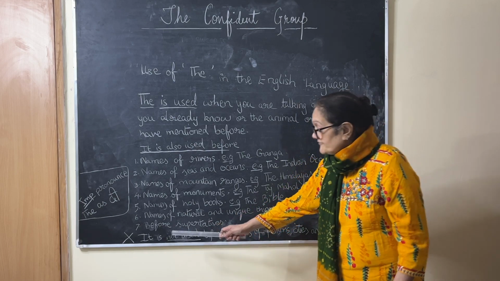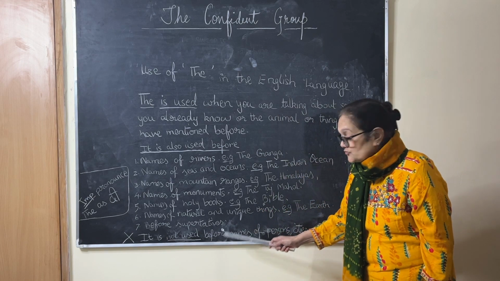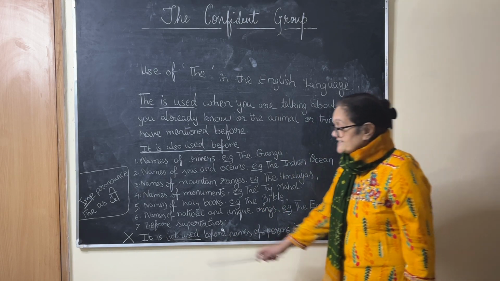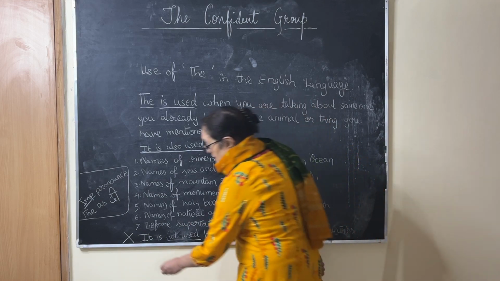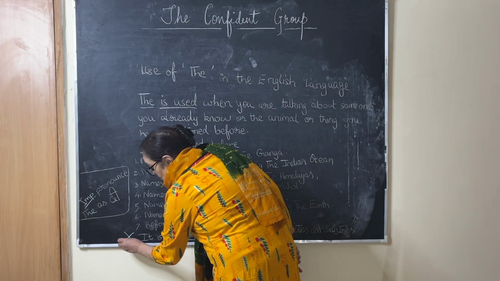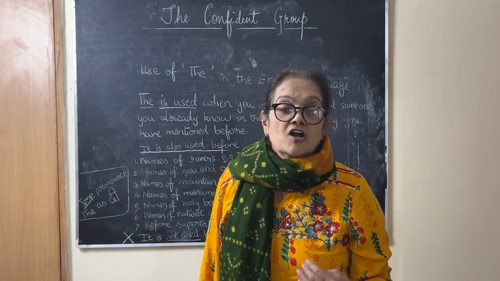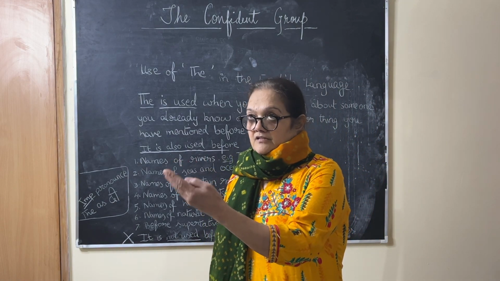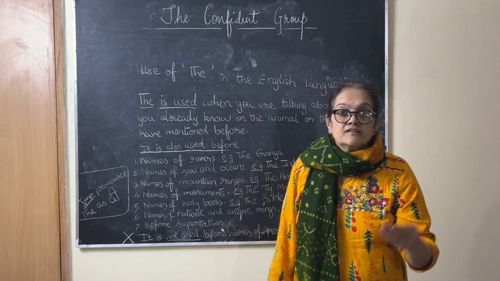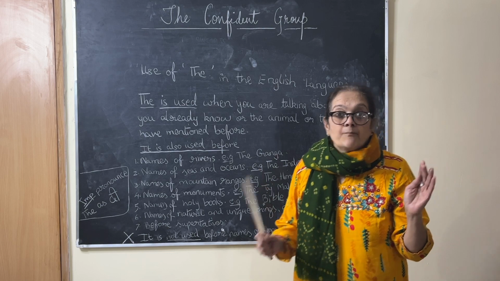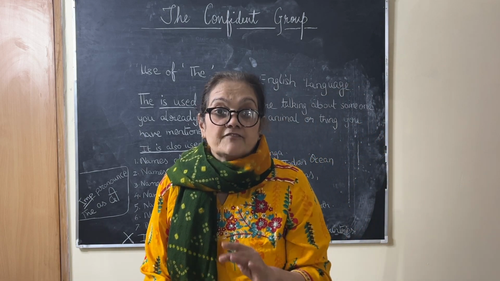Here I have written very clearly, it is not used before names of persons, countries and cities. I put a big cross because this is wrong. I just explained to you, you won't say the Tara is teaching me English, or the Rohan, the Shan. These names are proper nouns, and proper nouns don't have "the" before them.